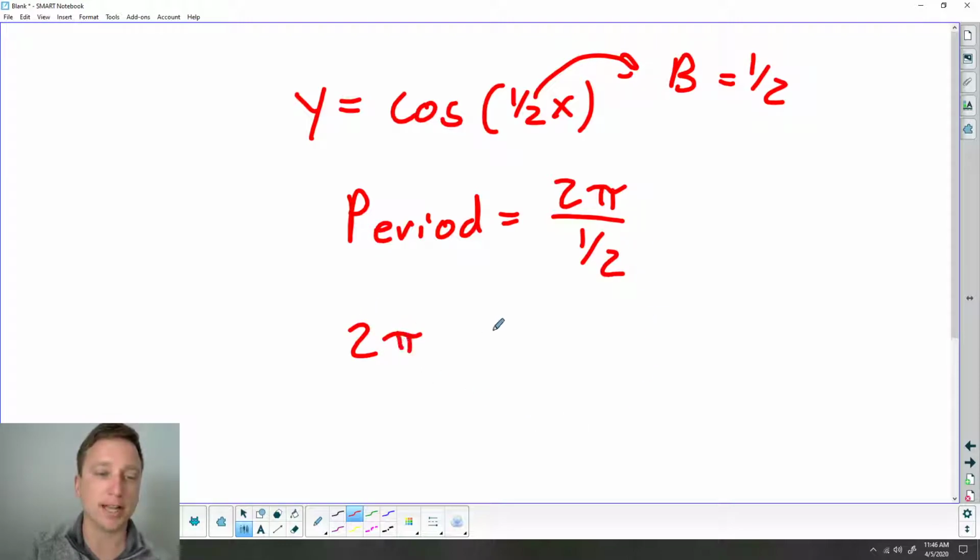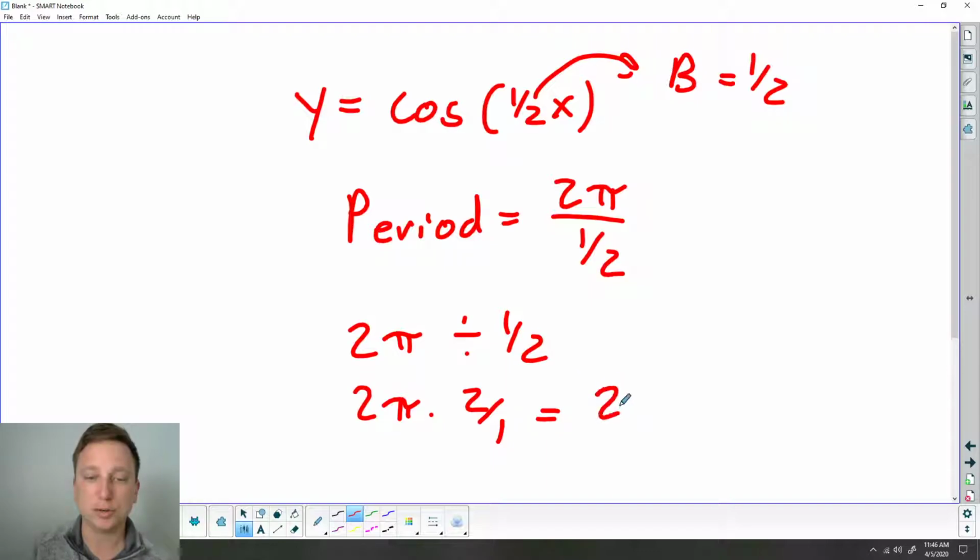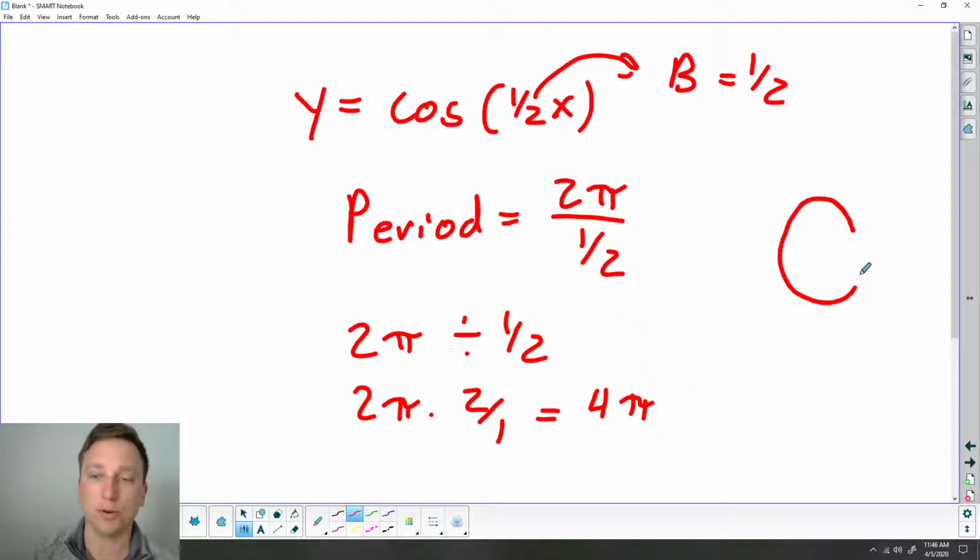If we work this out, 2 pi divided by 1/2 is actually 2 pi multiplied by the reciprocal, which is 2 times 2 with our pi. Oh, let's not do 2 times 2 there, let's do 4. So this is 4 pi. So our period is 4 pi. So in 4 pi units on our x-axis, it's going to make 1 full revolution around the unit circle.